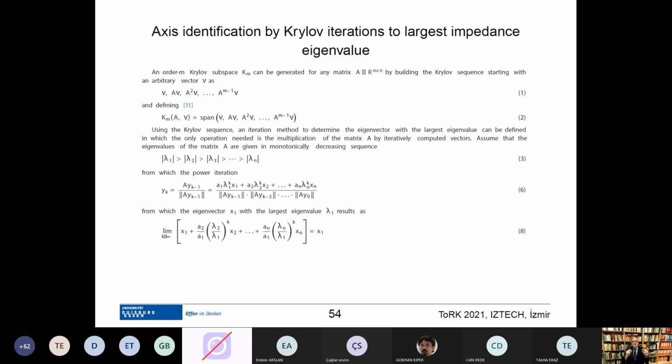This is the impedance. And then, of course, the largest eigenvalue is the direction in space with the least restriction, the least stiffness. If you have a slack arm, then of course the direction of the free joint will be the direction of the least impedance.